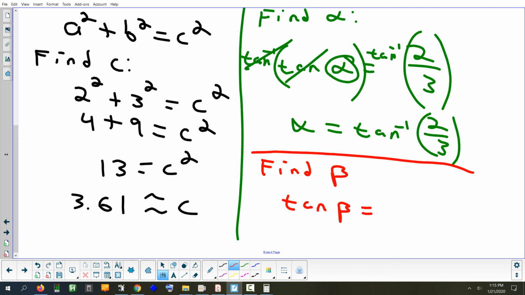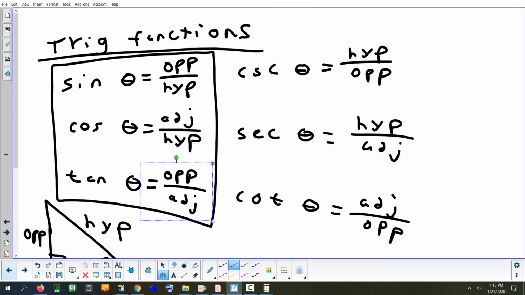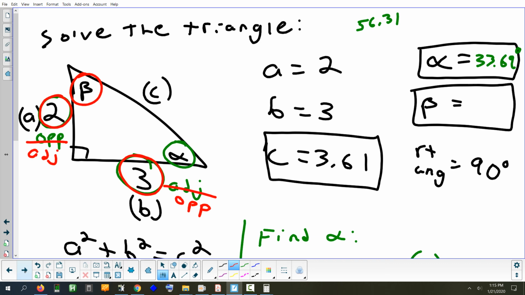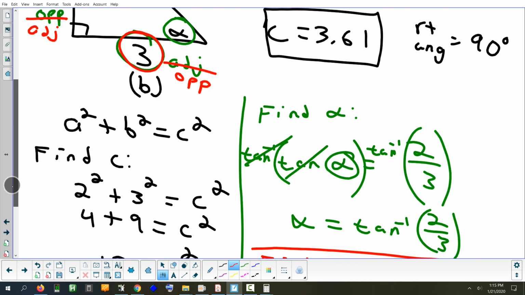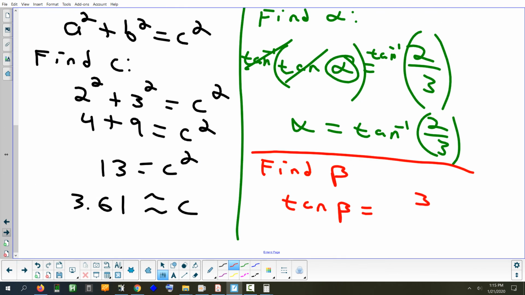So the tangent of our angle, now fill in opposite over adjacent. This time, opposite is 3, adjacent is 2. Same thing we did last time. Take the inverse tangent of each side. Inverse tan cancels out regular tangent. Inverse tangent.